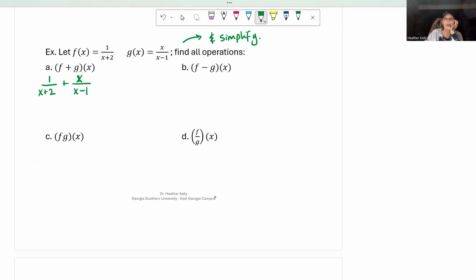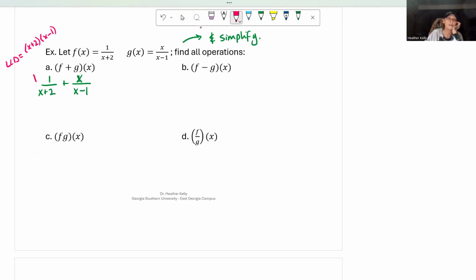I'm sure you're going to have to give the simplest form on your homework. So what are we going to have to do? We're going to have to put together the LCD. And what is the LCD here? First denominator, write it down completely. We need an x plus 2 there. How about this guy? We don't have an x minus 1, so we'll need an x minus 1, right?